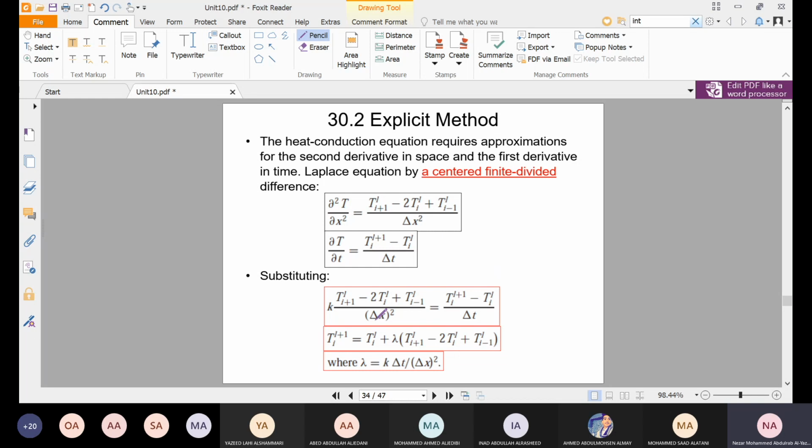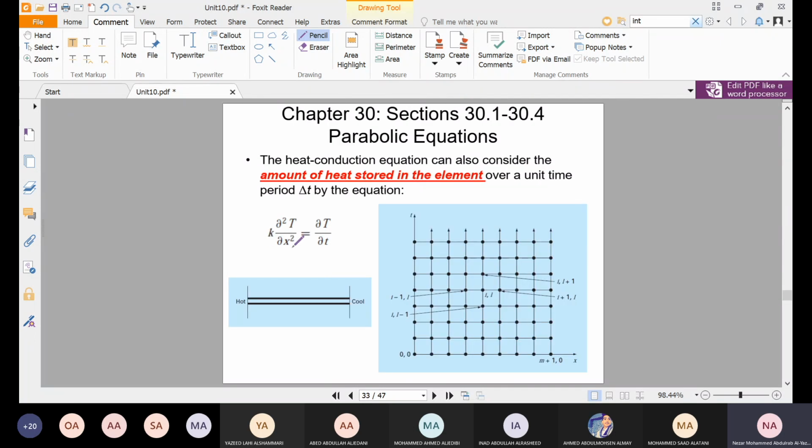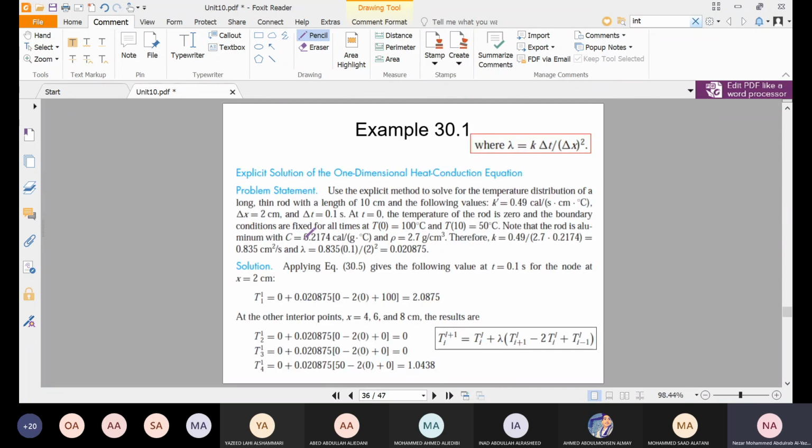So we represent the second derivative using central divided difference, and the first derivative by forward difference. In this case, we can substitute in the equation that we had before. This is the equation, and then we finalize with this equation.